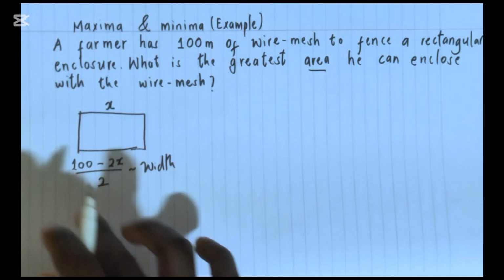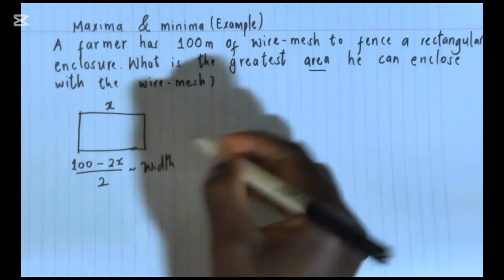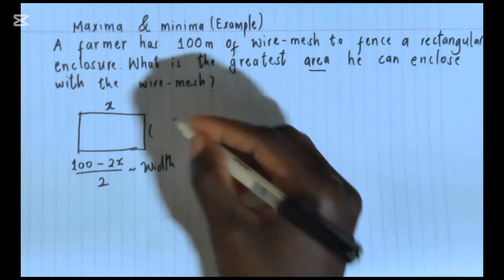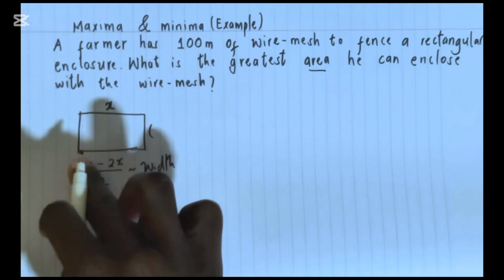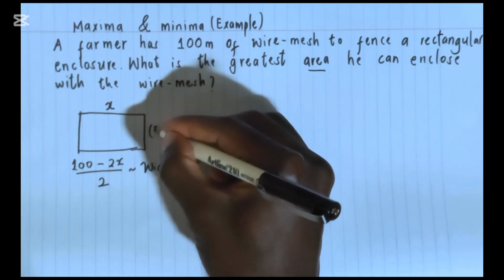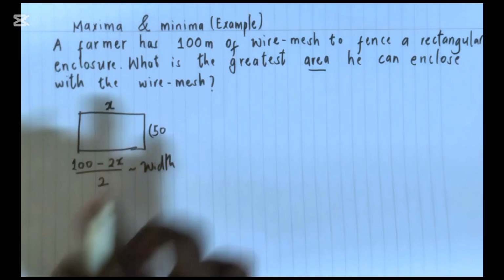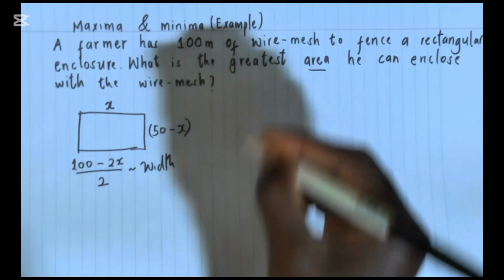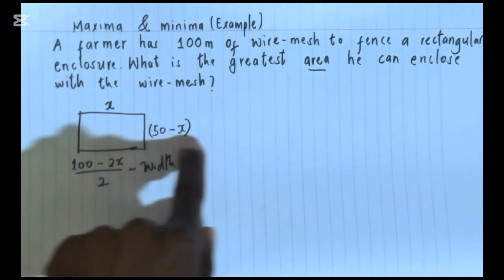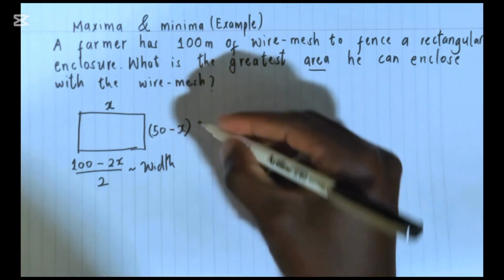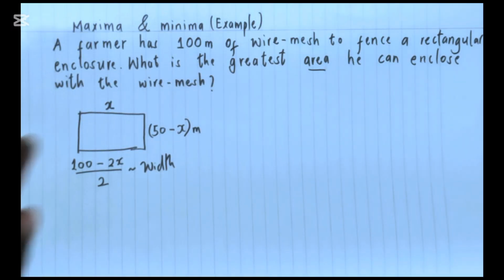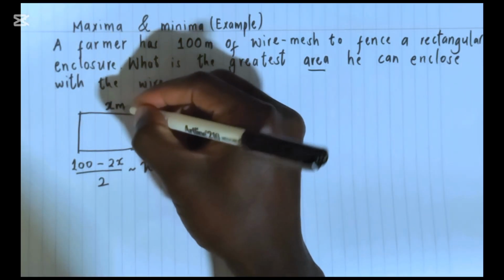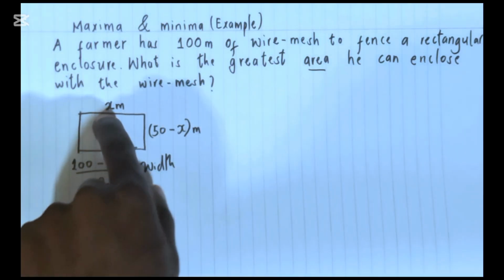When you simplify this algebraic fraction, you're going to be left with 100 divided by 2 will be 50, and negative 2x divided by 2 will be negative x. So this is going to be the dimension of the width of this rectangular piece of land. It's going to be (50 - x) m, and our length will be expressed as x m.